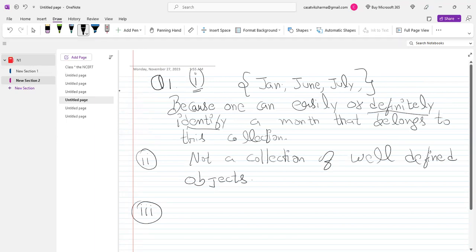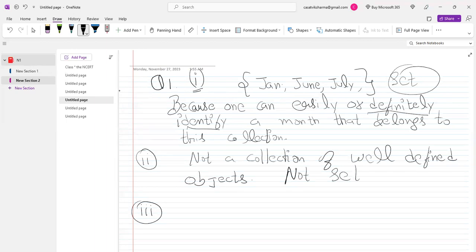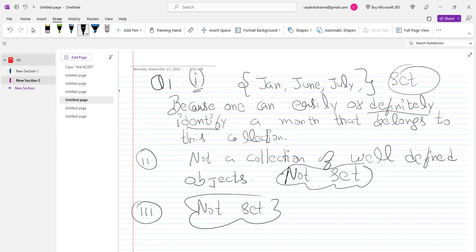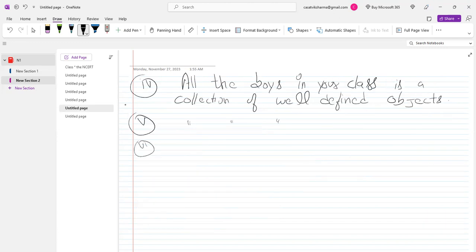Question 1, first part was a set. This one is not a set. This is also not a set. Part 4 is a set. Fifth is a set. Sixth part is also a set.